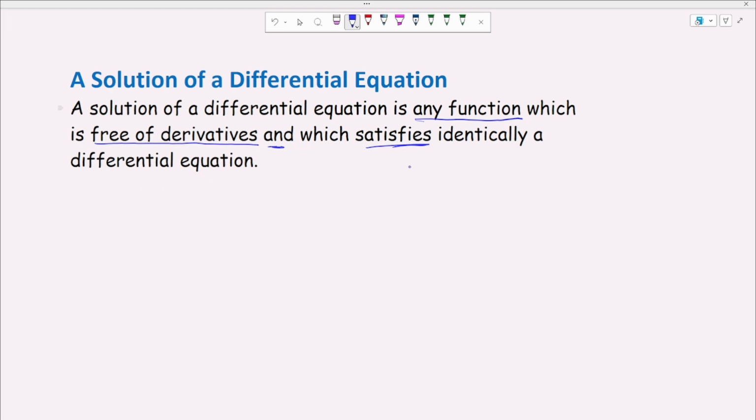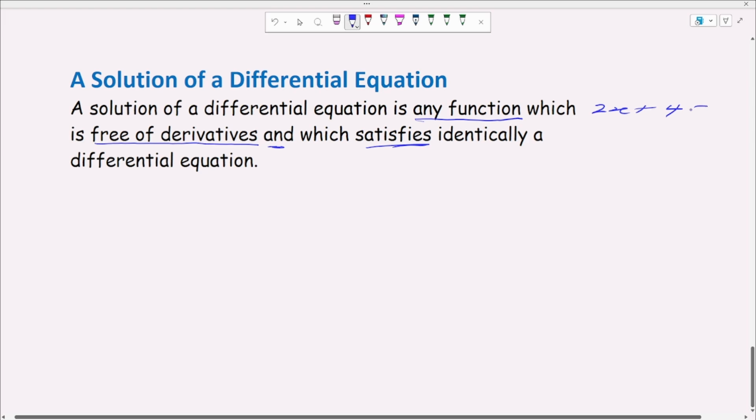Just as in an algebra class, they give you 2x + 4 = 0, then you find x to be equal to -2. When you substitute, the left hand side will be equal to the right hand side. The same way, when you find a solution of a differential equation, the left hand side should be equal to the right hand side.